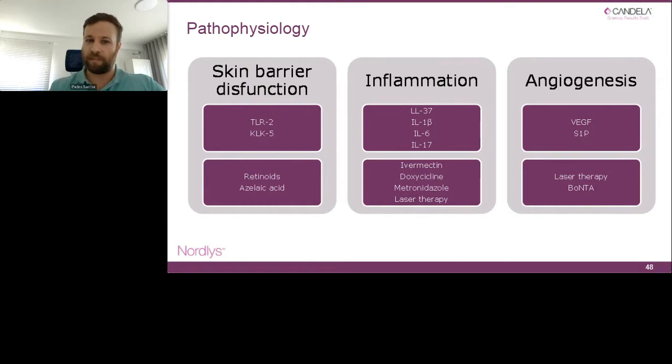First of all, the skin barrier dysfunction, the inflammation, and the angiogenesis that is present in this pathology. The skin barrier dysfunction is mainly mediated by TLR2 and KLK5, and the main examples for treatment are retinoids and azelaic acid.